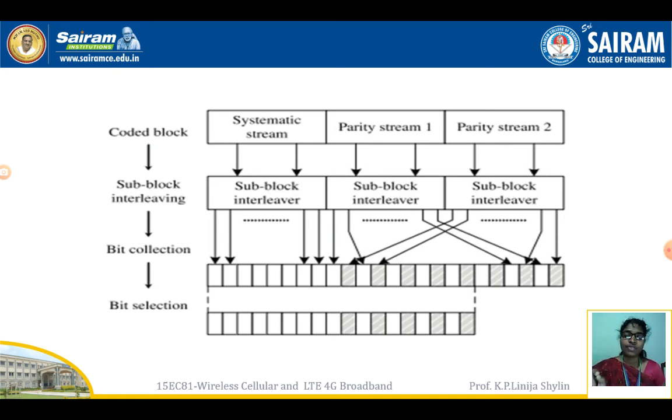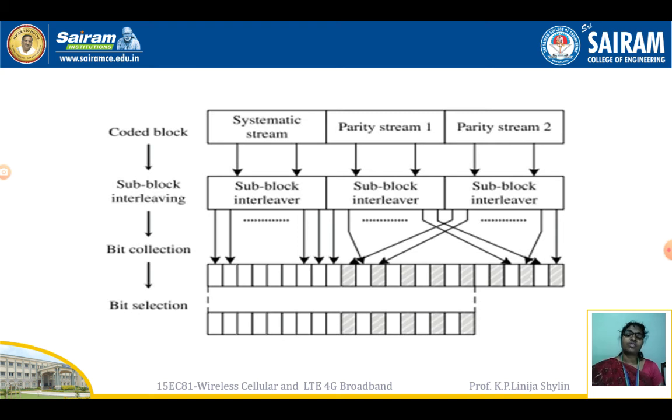If you focus properly on the diagram, you can see that for the first sub-block interleaver, the bits have been collected and it will go on to the second. This process will create a circular buffer. And the last thing is bit selection.